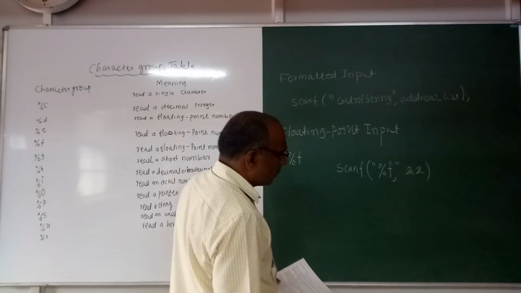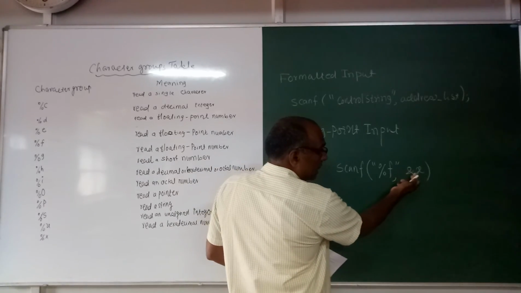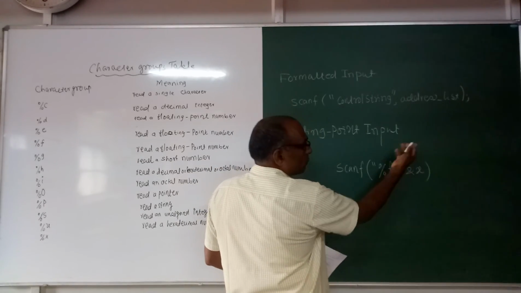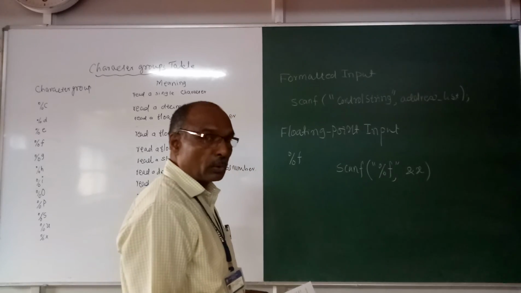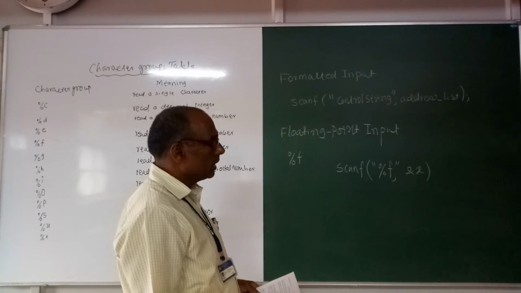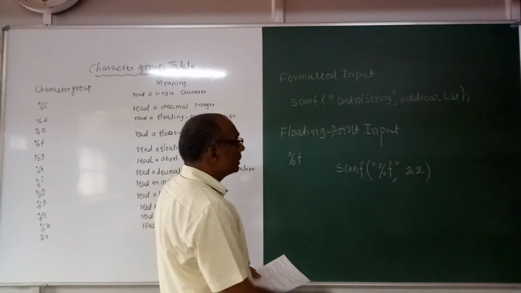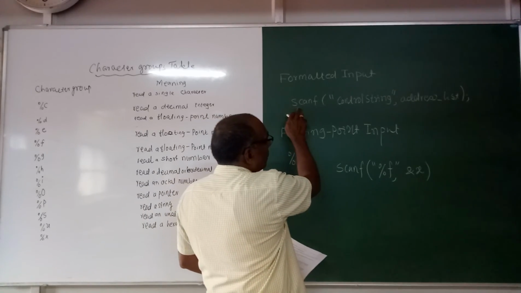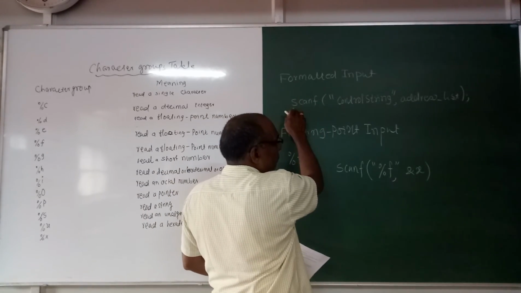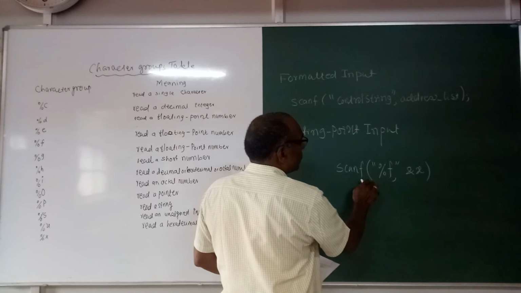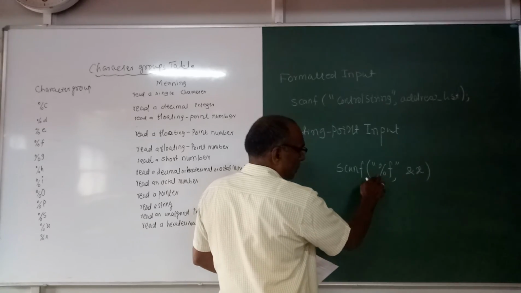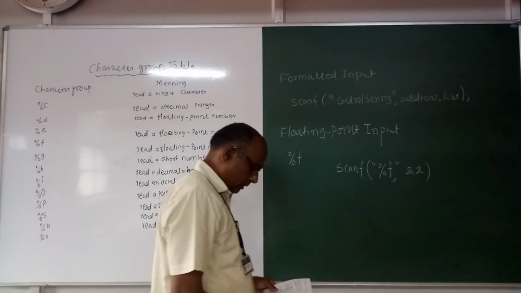So here we have declared in declaration part x is a float, that is a real number. And here using scanf, that is formatted input, we are inputting through a standard device, the keyboard.